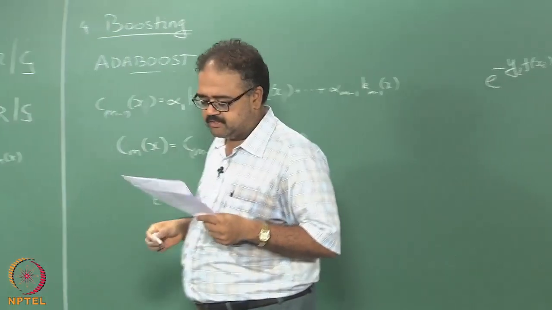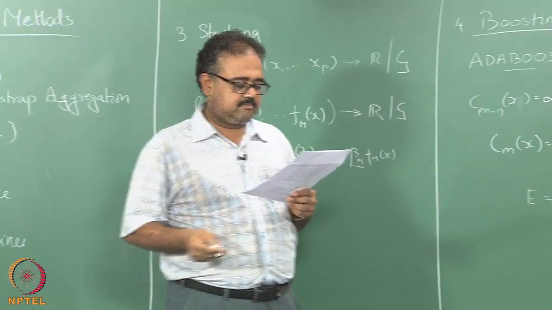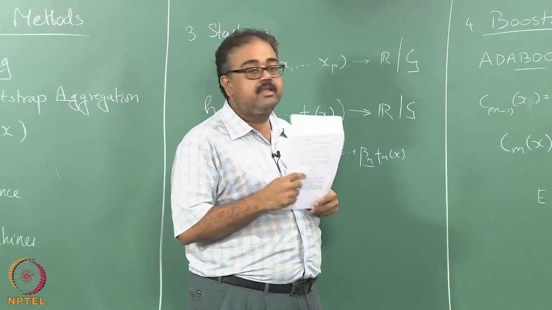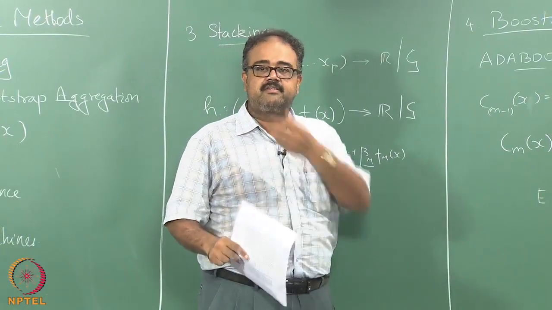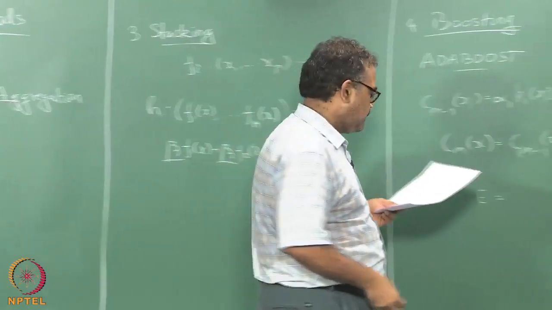That is the exponential loss. Okay, e power minus yi f of xi. Right, so, we looked at the exponential loss earlier. So, we will essentially continue with that.